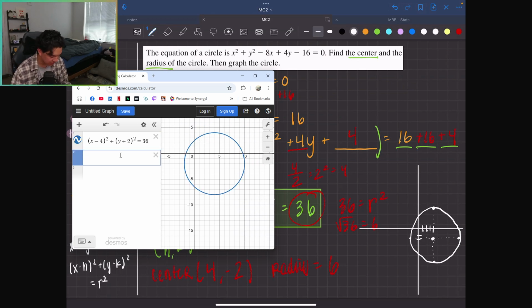I love it. Where's the center? 4, negative 2? Yes, look at that. 4, negative 2. I bet you the radius, this point over here, is 10, negative 2. It is! That's because the radius is 6 units, and 4 plus 6 is 10. What about over here? This one would definitely be negative 2, negative 2.